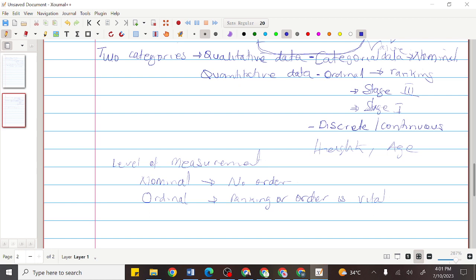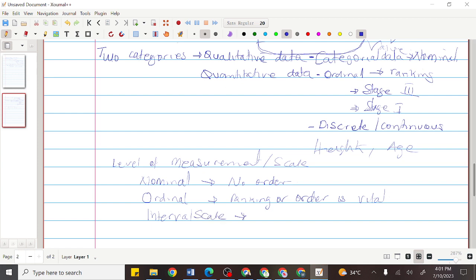And then we have what we call the interval scale. So these levels of measurement can also be called scales of measurement. Okay, so we have what you call the interval scale.